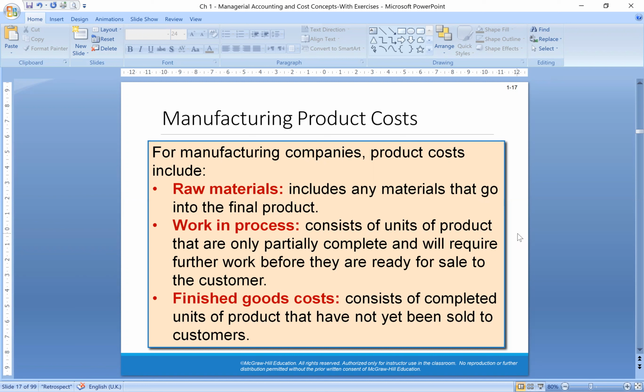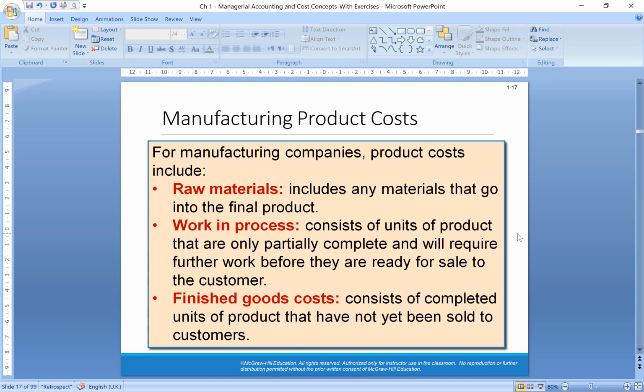Then we do have raw material not used yet in the production. We do have finished goods, which consist of completed units of product that have not been sold yet to customers. So we do have these tables ready for sale. It is completed.